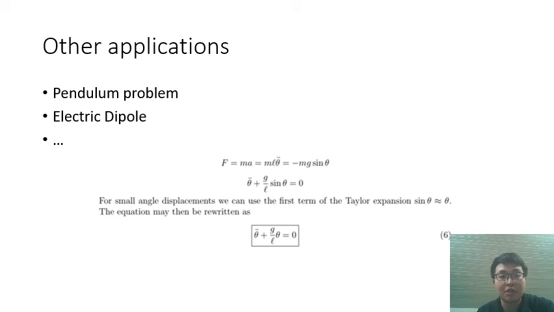In that case, you'll be using small distance approximation. So you'll be calculating the electric field as if the distance between the charges is not small. And then after you get the equation, you apply small distance approximation, and then you get how the electric dipole behaves.